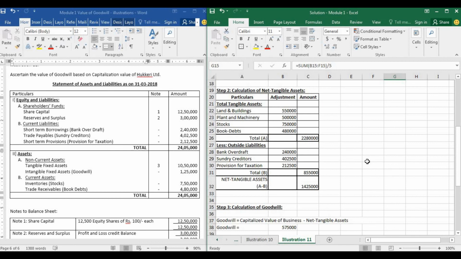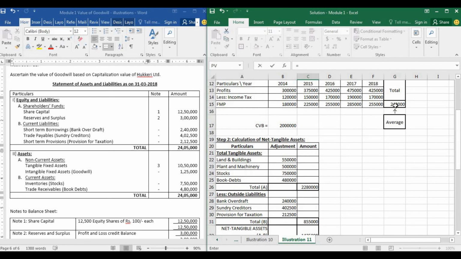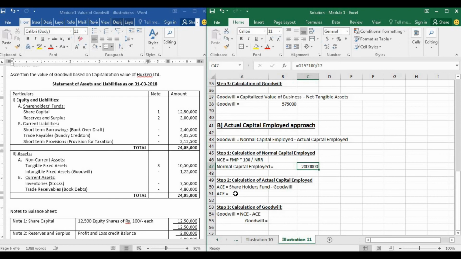You might have to do it again in exams. So 2,40,000 into 100 divided by NRR, which is 12. I just substituted the value of FMP in this formula. So we got 20 lakhs once again.